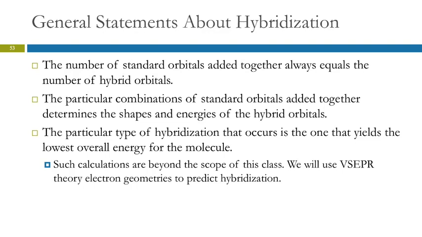And what type of hybridization occurs is whichever one gives the lowest overall energy. So all of that involves some very hairy calculations, and we're not going to go into that. So what we're going to do is use VSEPR theory electron geometries to help us predict what the hybridization of a given atom is.